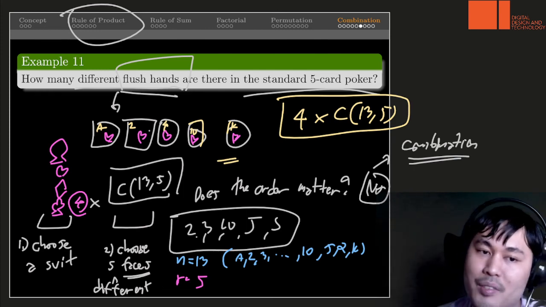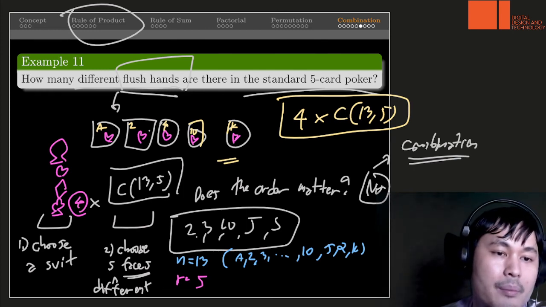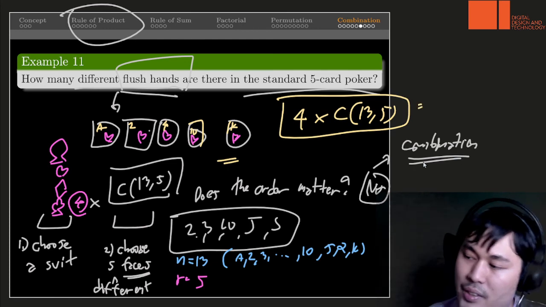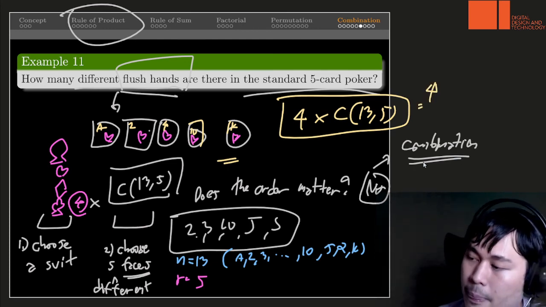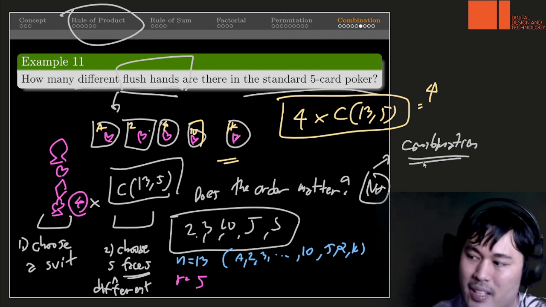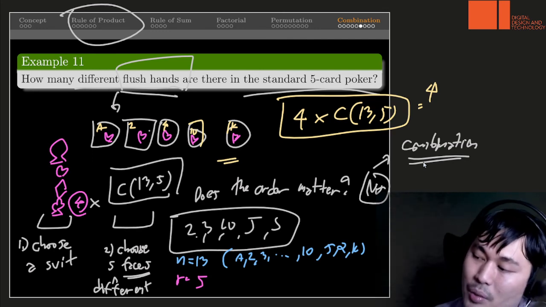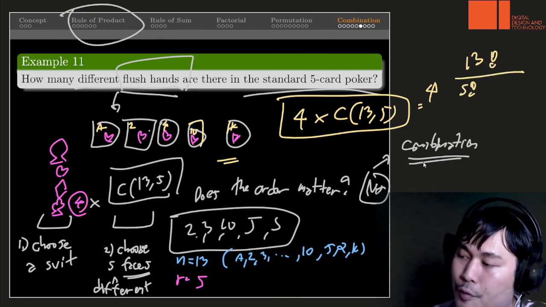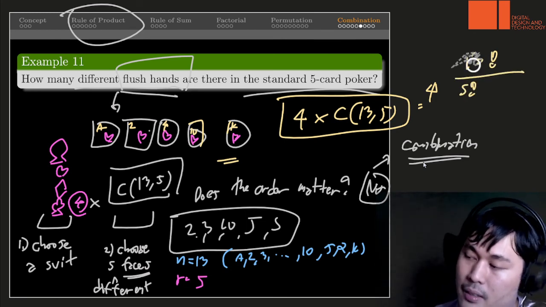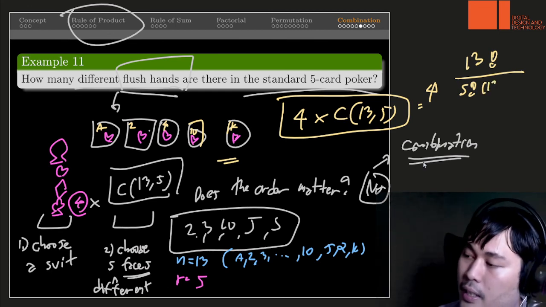But in case you want the number, you can use a calculator, which is better. But in case you want the formula, it is 13 factorial divided by 5 factorial, that's n, the larger one, that's r, and then the difference, 13 minus 5 factorial.